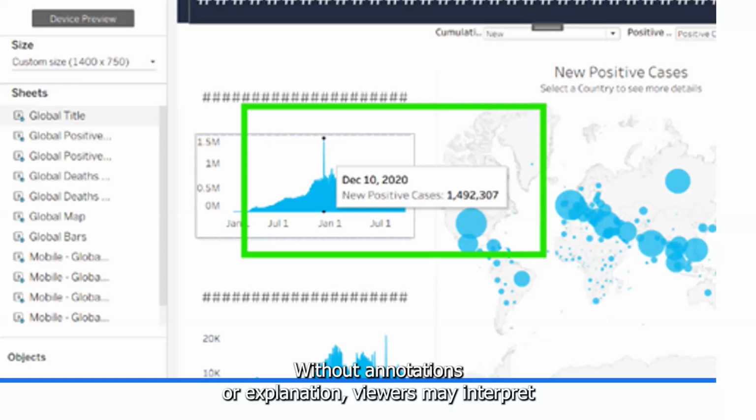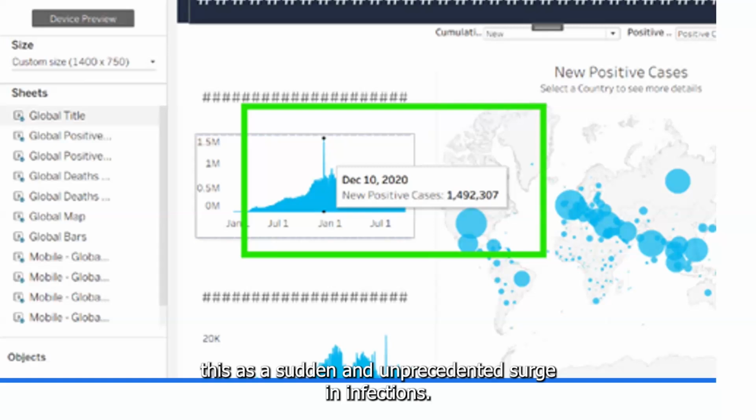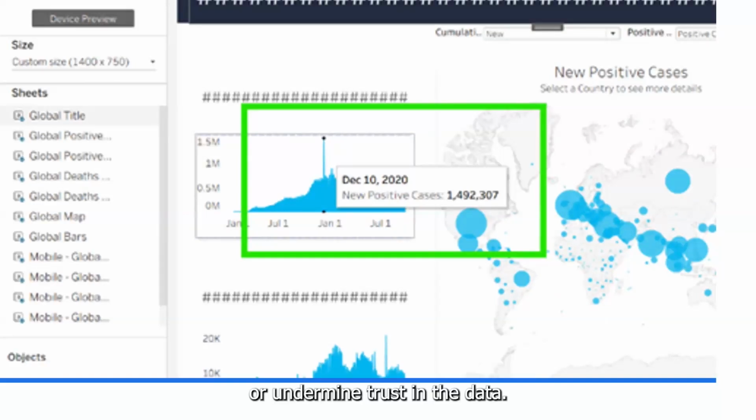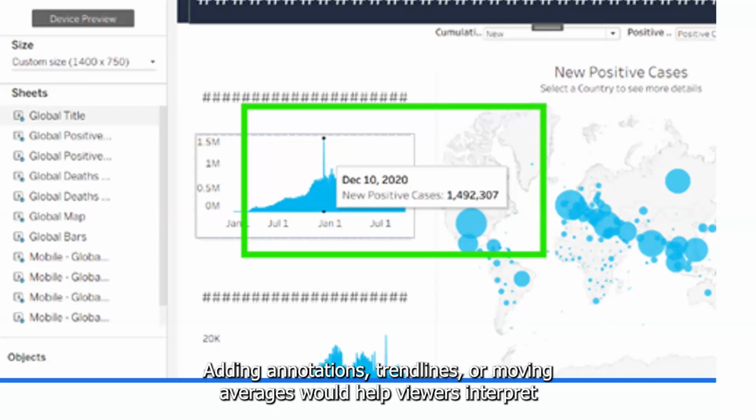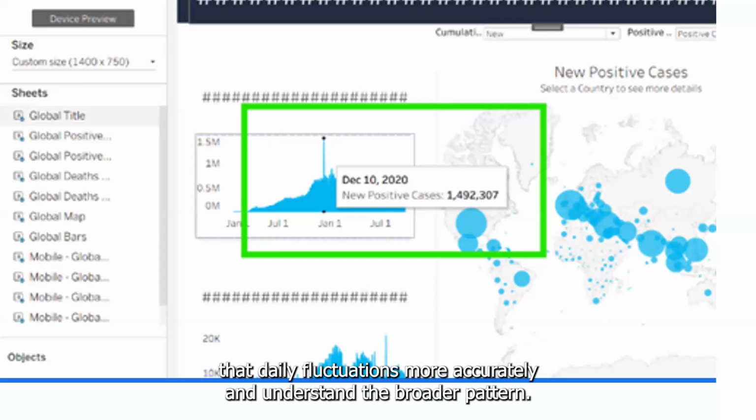Without annotations or explanation, viewers may interpret this as a sudden and unprecedented surge in infections. This kind of presentation can create unnecessary alarm or undermine trust in the data. Adding annotations, trend lines, or moving averages would help viewers interpret daily fluctuations more accurately and understand the broader pattern.